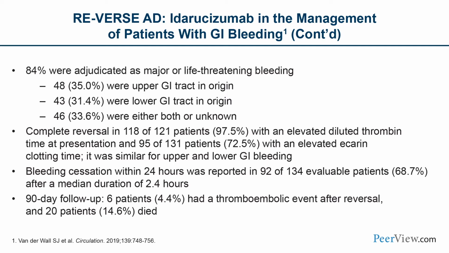And the agent worked quite well based on the outcomes that the investigators chose, which were drug levels and biomarkers of clotting, such as the ecarin clotting time and the dilute thrombin time. You can see there was complete reversal in 97.5% of patients and cessation of bleeding within 24 hours in more than 2/3.